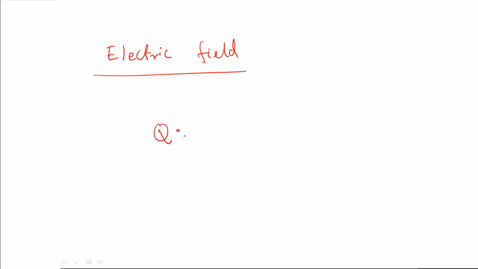Now we'll see what an electric field is. As I said, if you have a charge Q over here, at any distance r you have another small q charge at P. So what happens?